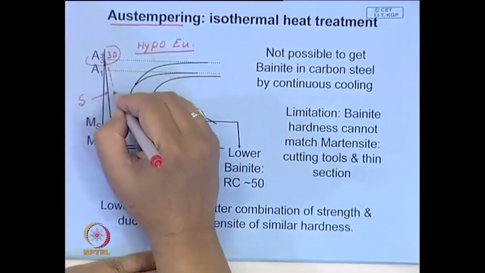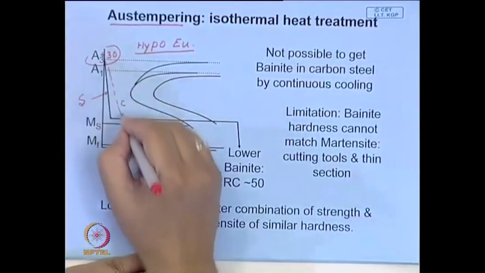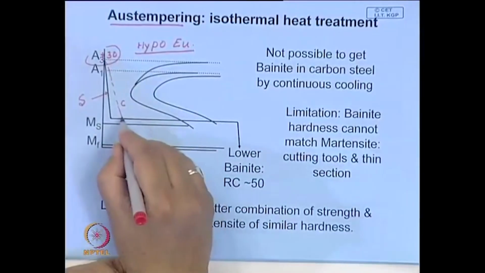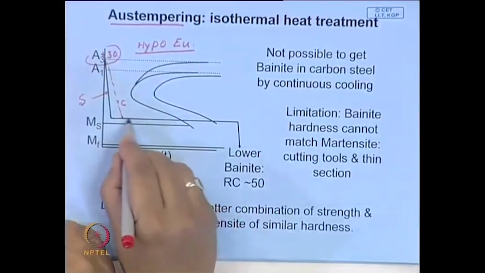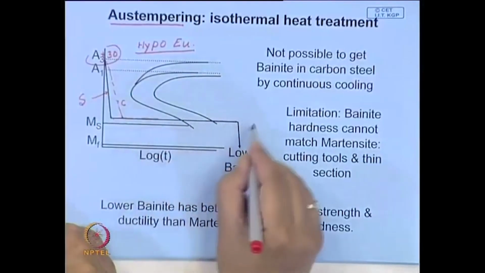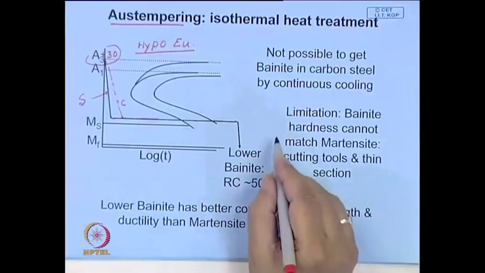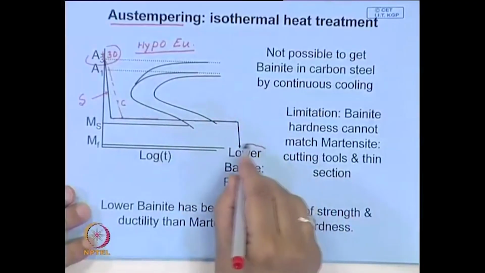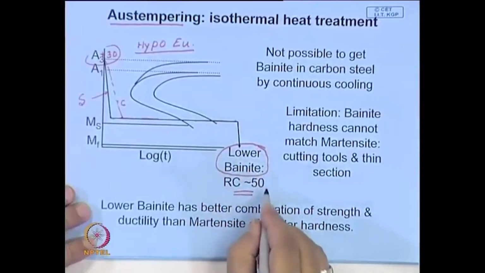Similarly, the rate at which the core will cool is something like this, and when you hold it during this time, both temperatures may become uniform and allow the transformation to be completed at this temperature, and then you quench. The structure that you will get under this condition is a lower bainitic structure which has quite high hardness.